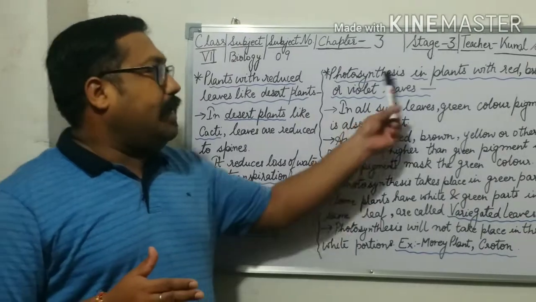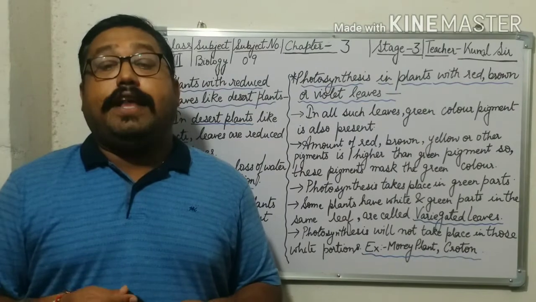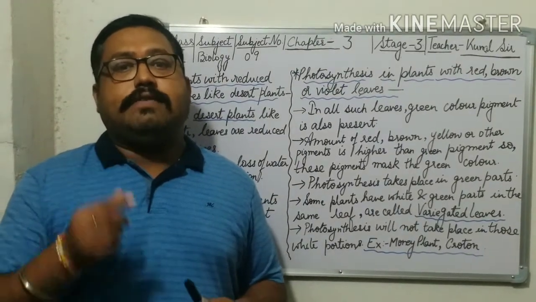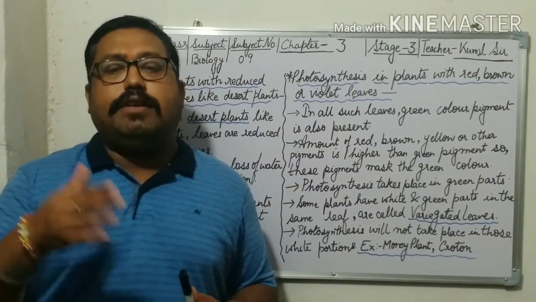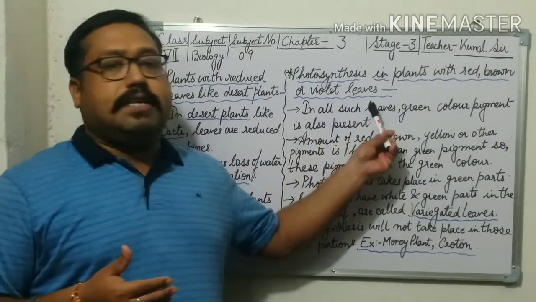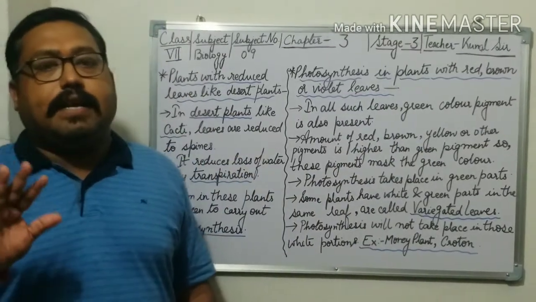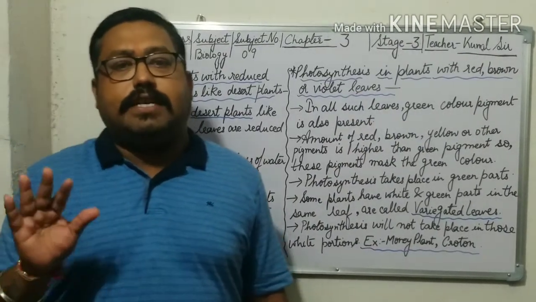Okay, now let us concentrate on the process of photosynthesis in those plants which have leaves in colors like red, brown, yellow and other colors. So what happens to them? In all such leaves, green pigment is also available. I am not saying that green pigment is totally absent.